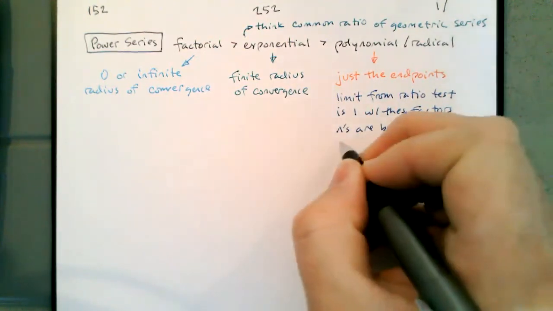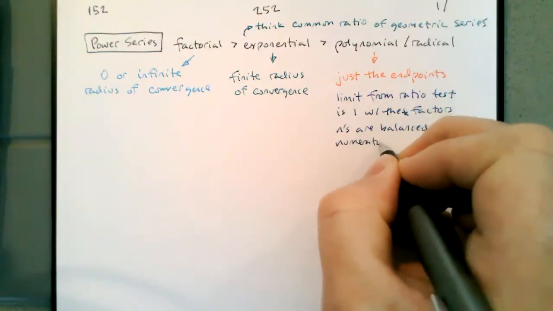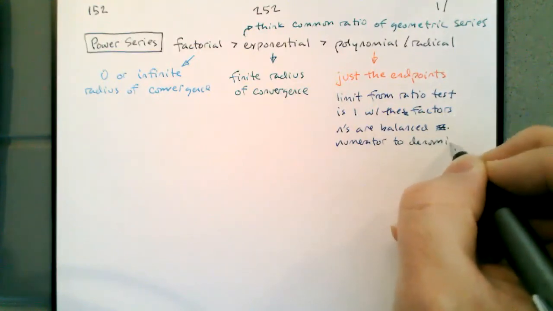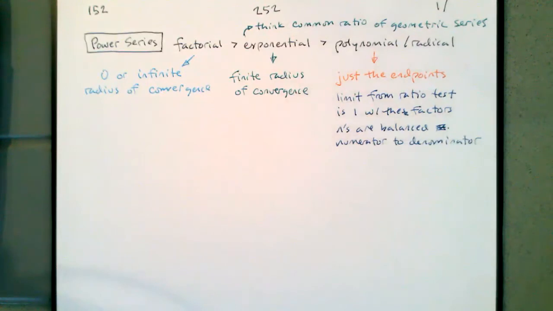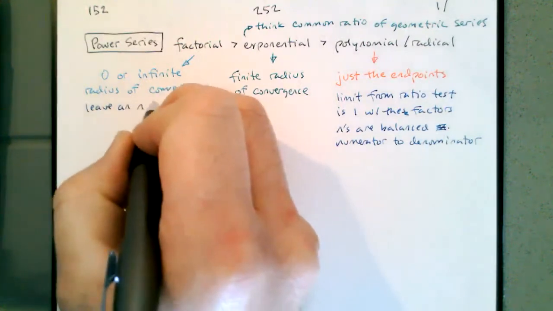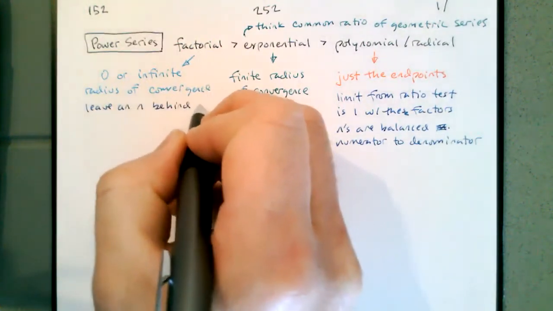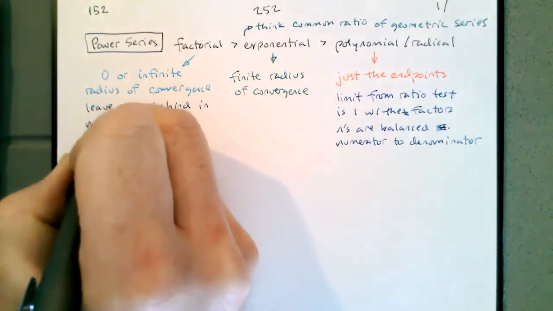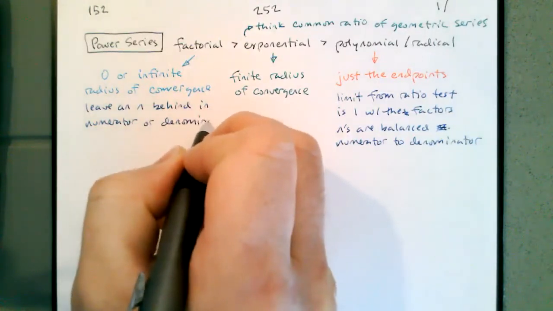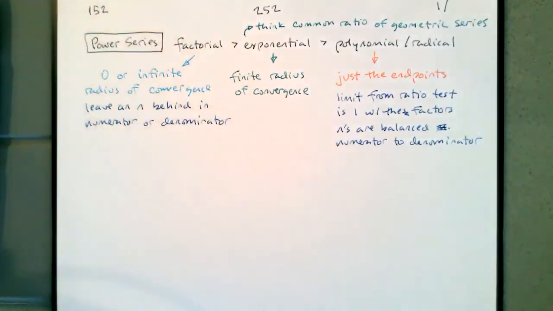But with factorial factors, we'll leave an n behind in the numerator or denominator. So the factorial factors are going to leave an n behind in the numerator or the denominator.